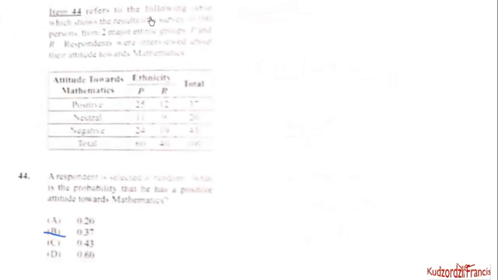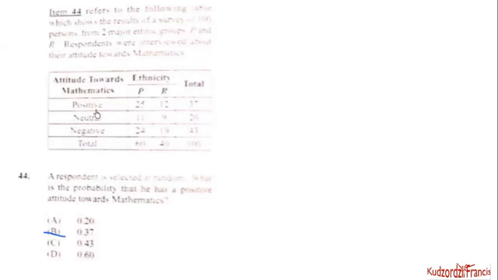Item 44 refers to the following table, which shows the result of a survey of 100 persons from two major ethnic groups, P and R. Respondents were interviewed about their attitude towards mathematics.